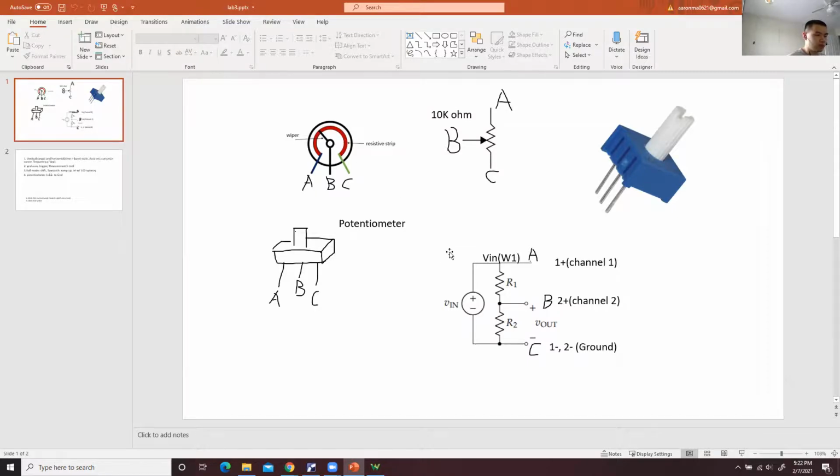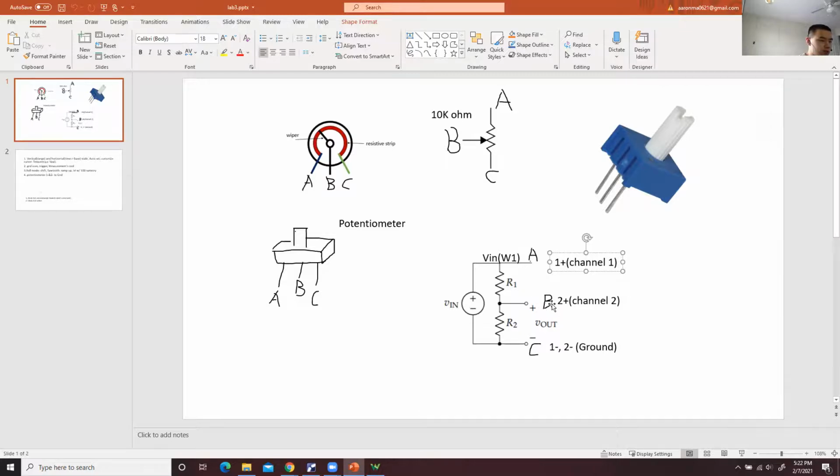And then you need to build this on your breadboard. Okay, so for example, I put this pin A, pin B, and pin C, A, B, C. And I have an input, which is from the W1, the AC input function generator, connected to pin A. And also, I want to check pin A by using the oscilloscope, so I will connect 1 plus to pin A, which is also connected to W1.